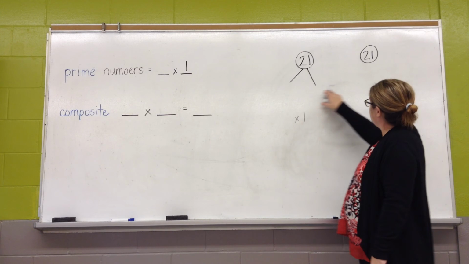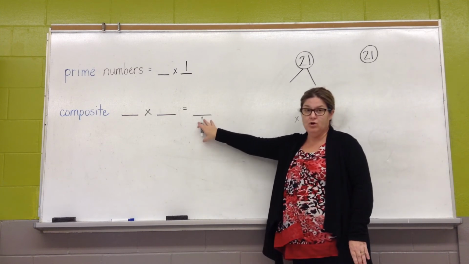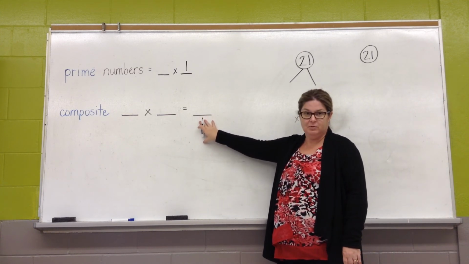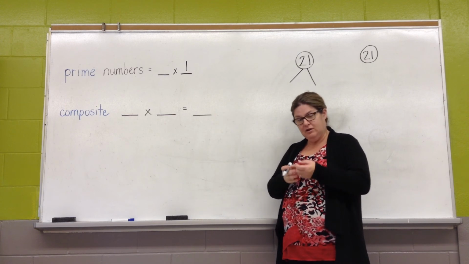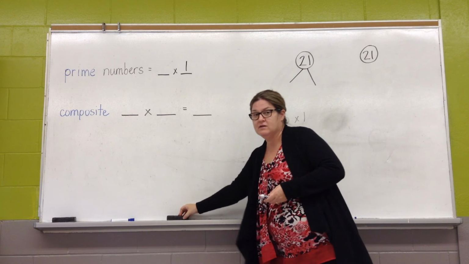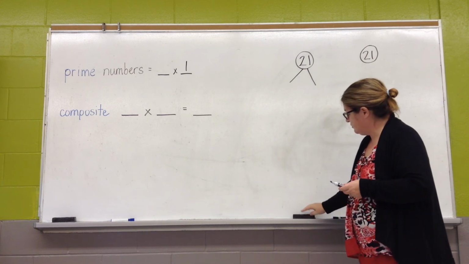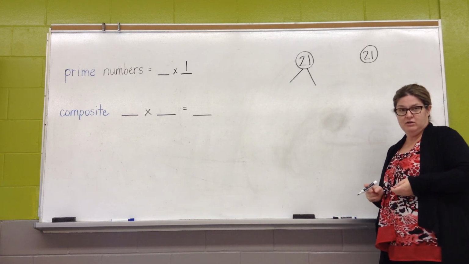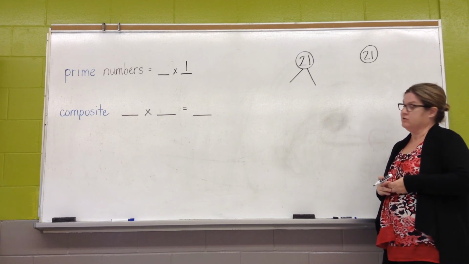A factor tree is used when you know there are composite numbers that can be multiplied together to give you the answer. So we're going to try this, and I want to show you this one because you'll see that it doesn't matter how you start out, you will end up with the same answer.